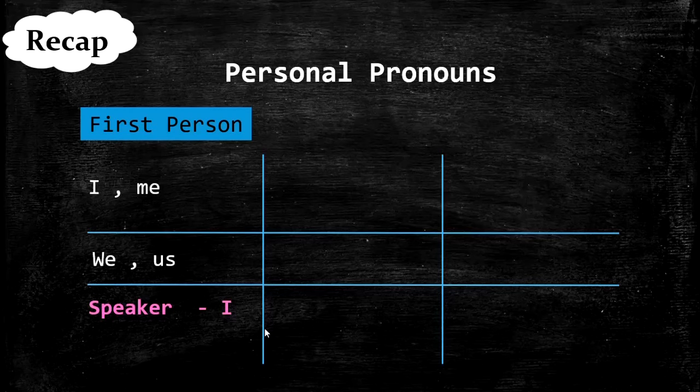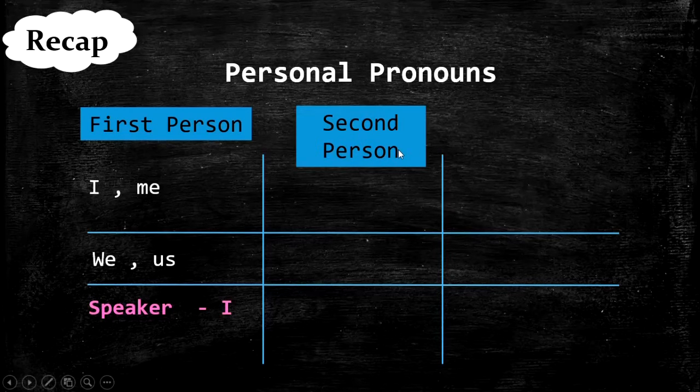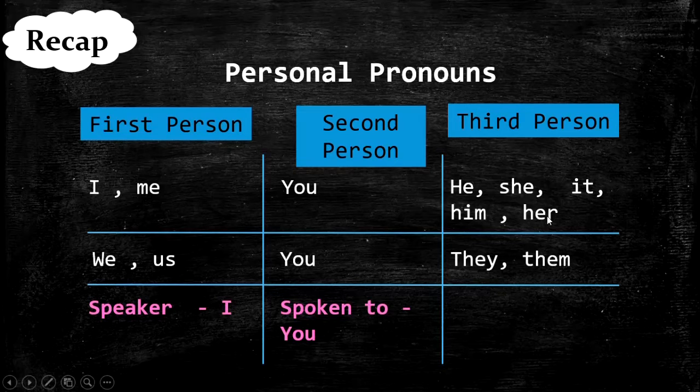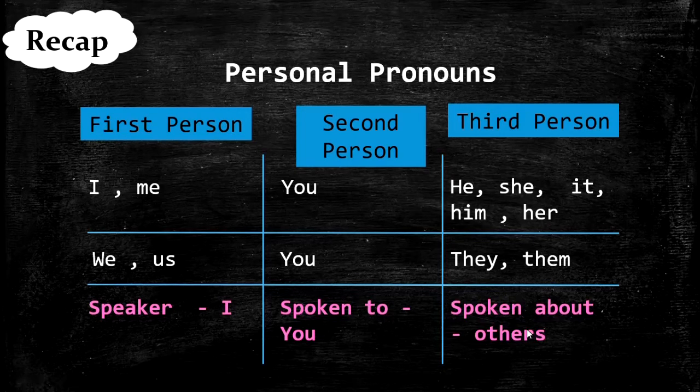Second person: you in singular form and also you in plural form. Remember, second person is about the person spoken to. Third person: he, she, it, him, her in singular form and they or them in plural form. The third person refers to the people spoken about, that is others.